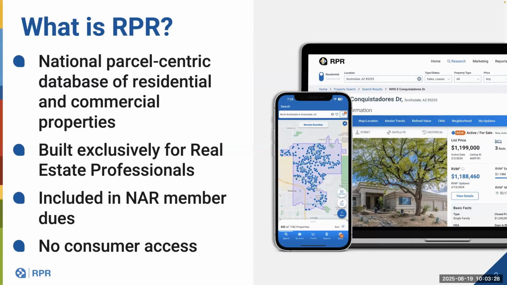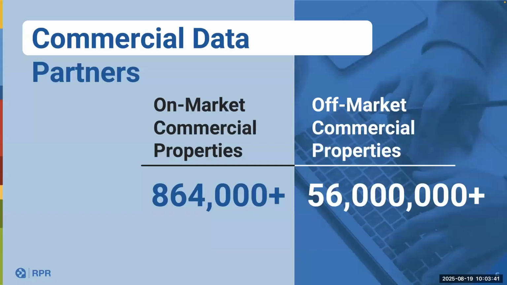And before we jump into our goals today, I do want to take a little bit of time to talk about the RPR commercial data, just so it gives you a little bit of insight. Our commercial data, we have over 56 million commercial properties within RPR. These are off-market or just commercial properties that have a tax ID number across the US.